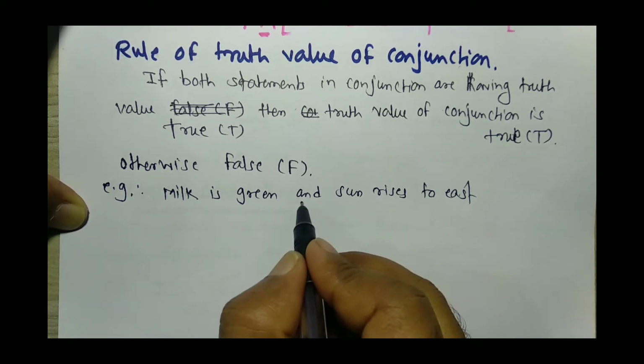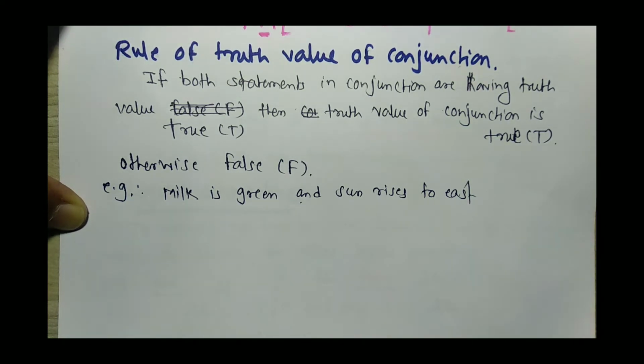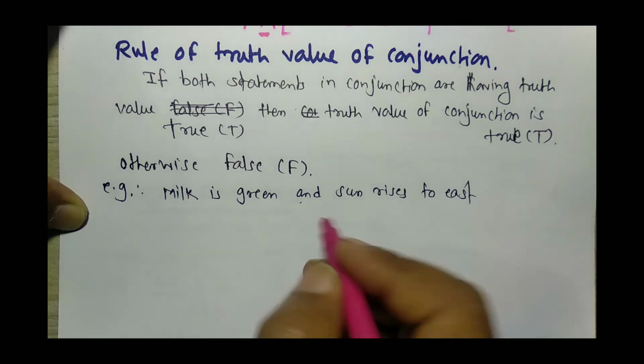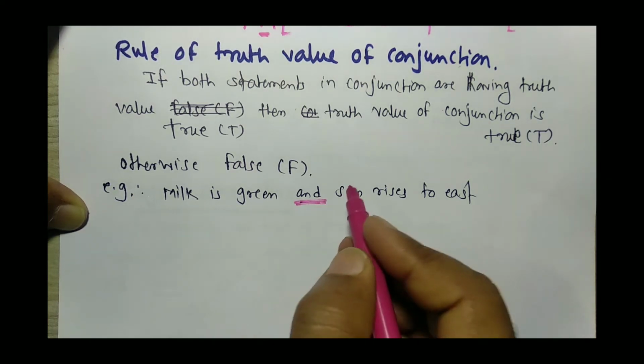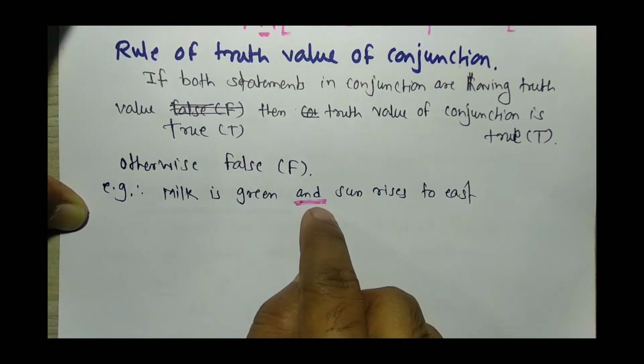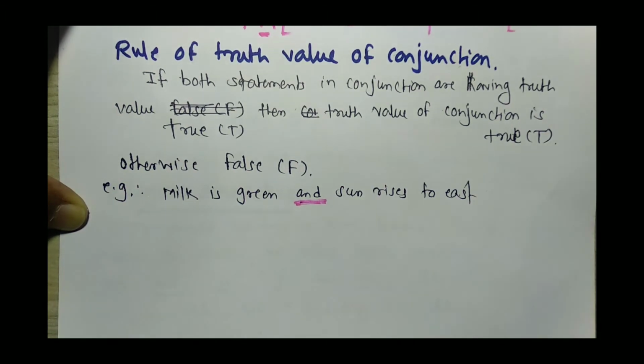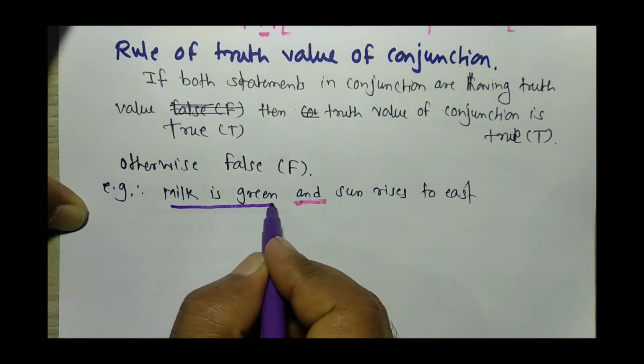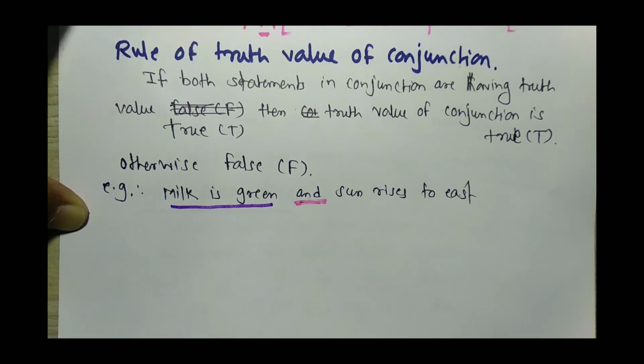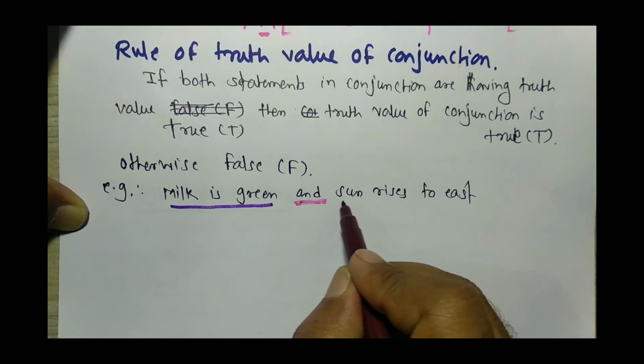In this, "and" is a logical connective, and due to that logical connective, this compound statement is a conjunction. Inside this you get two statements. The first is milk is green, and the second statement is the sun rises in the east.